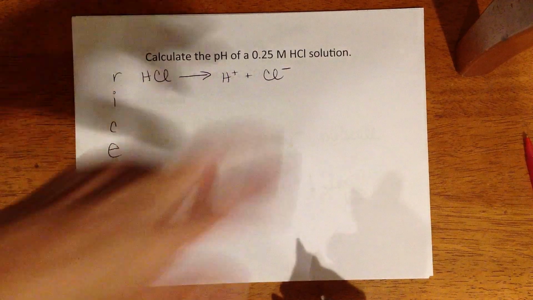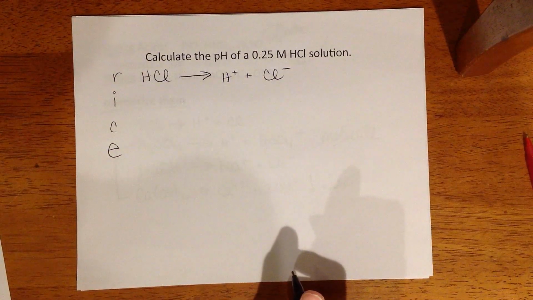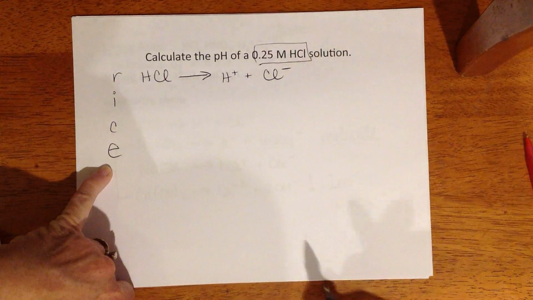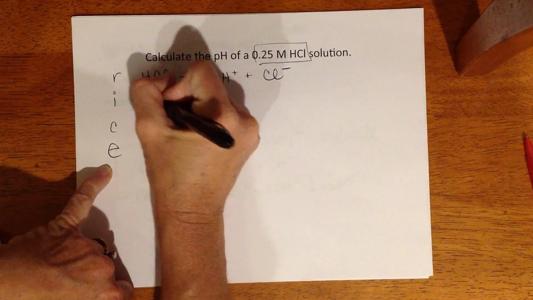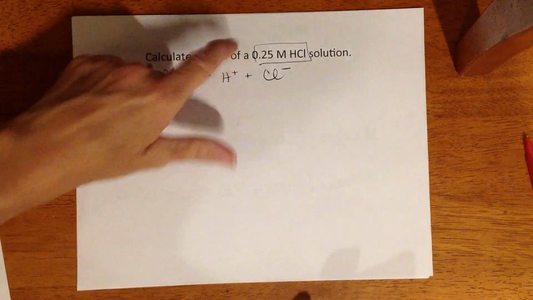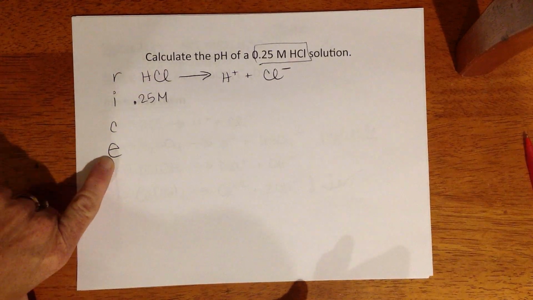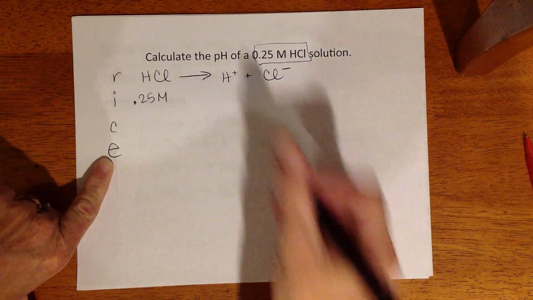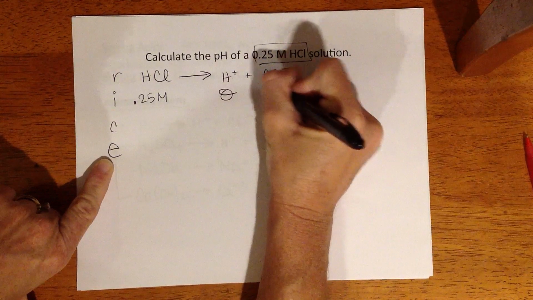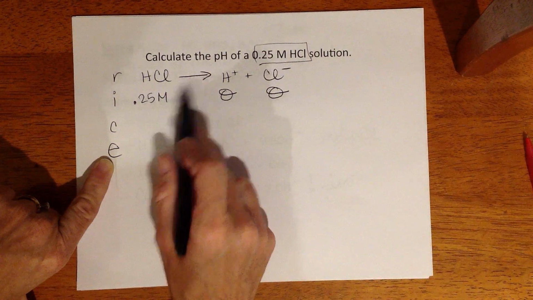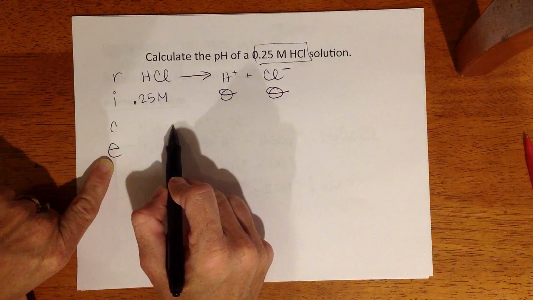I'm not giving you the right side, so you got to be able to do this. And it looks like it's starting with 0.25 molarity. They won't say initial, they're just going to tell you what it is. And it's for you to figure out the equilibrium. Well, we did not add any H and no Cl. Since he is strong, he will all break up.